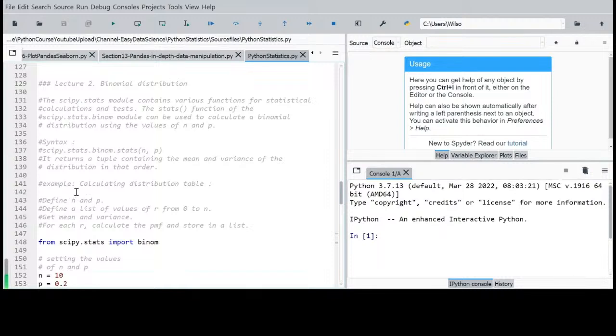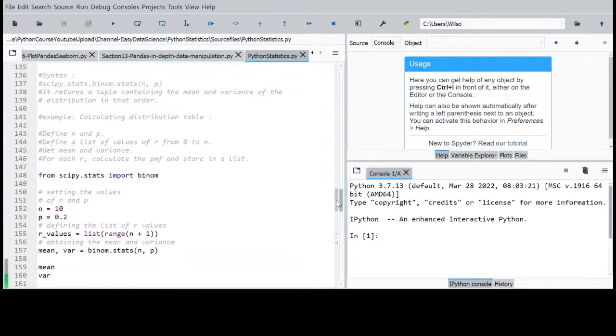So the next example is calculating a distribution table. We define n and p and define a list of values of r from 0 to n. Then we get the mean and the variance of this distribution. And for each r, we calculate the PMF and store it in a list.